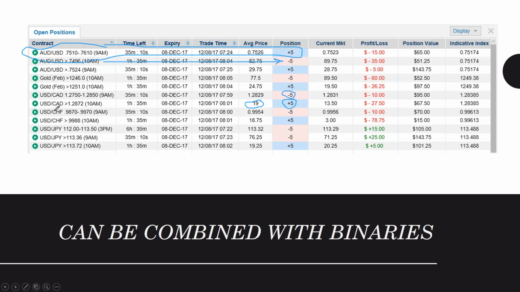And then also on the USD Swiss franc, my bias was to the downside, but I also did a binary to the long side for 1875. That's what I call a protection order. In case it goes against me, I've got the binary to cover the spread. Does everybody understand that?